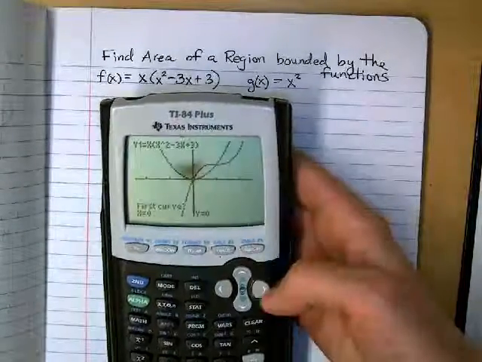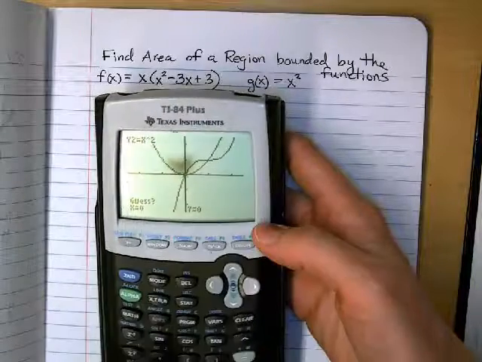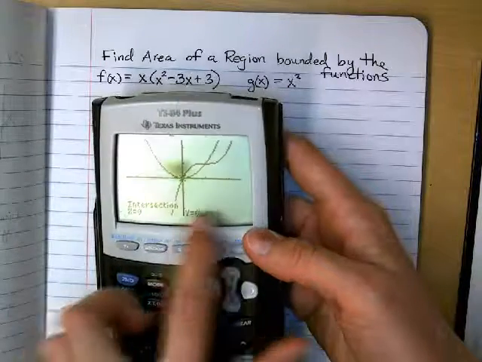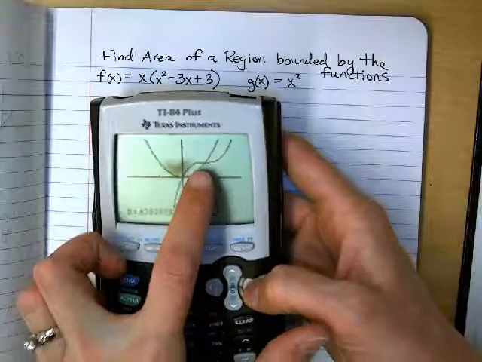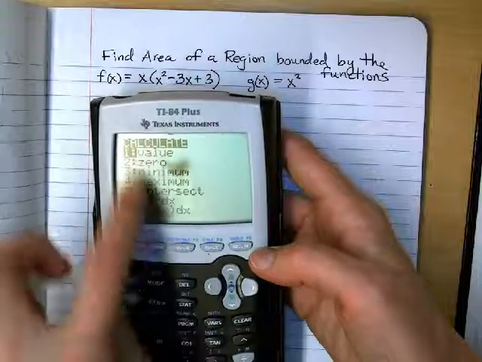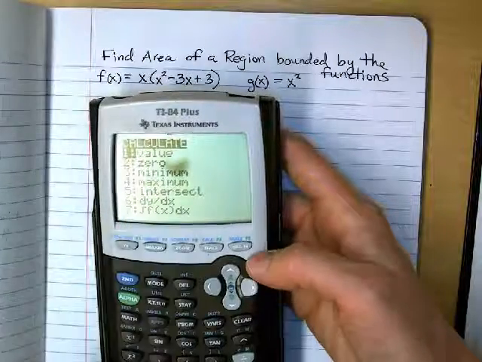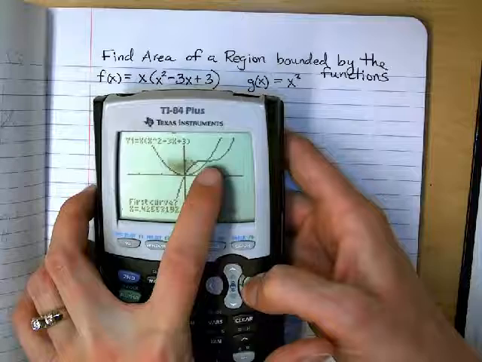And they intersect at 0, 0. And then you can move your cursor over, you have to hit second trace, intersect, or 5. And you have to move your cursor over where you think they're going to intersect again, right here, and then hit enter.